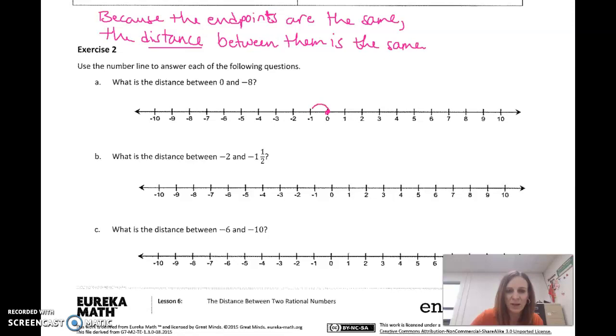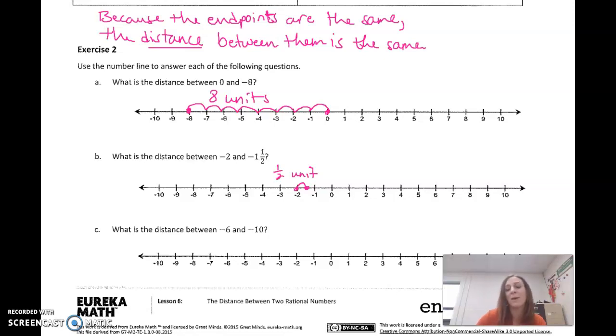If I go from 0 to -8, it's 1, 2, 3, 4, 5, 6, 7, 8 units. What is the distance between -2 and -1.5? Well, if I go from -2, here's -1, -1.5 is going to be right here. If I go from -2 to -1.5, that's only going to be half a unit difference.